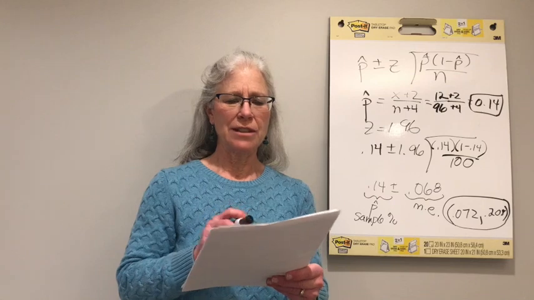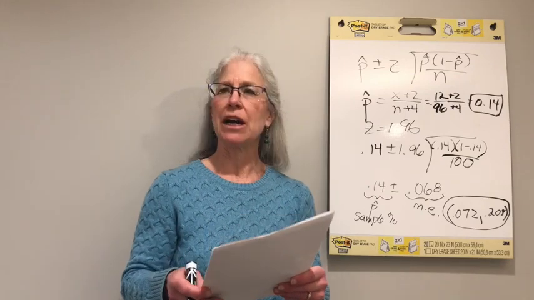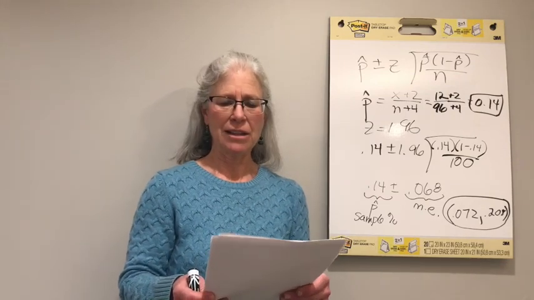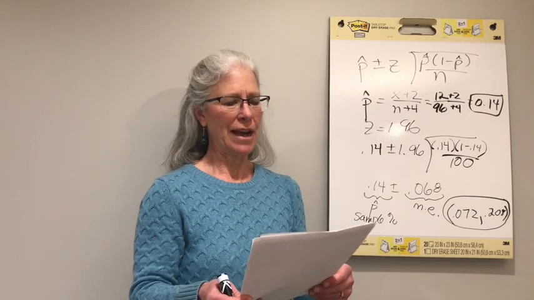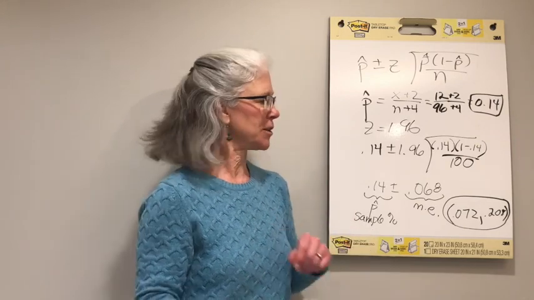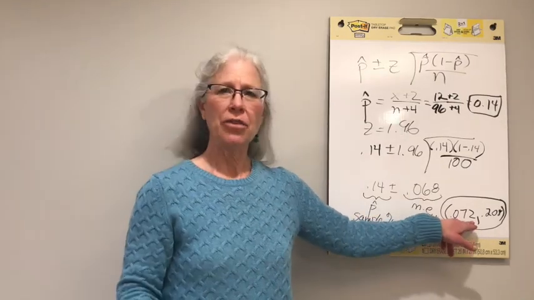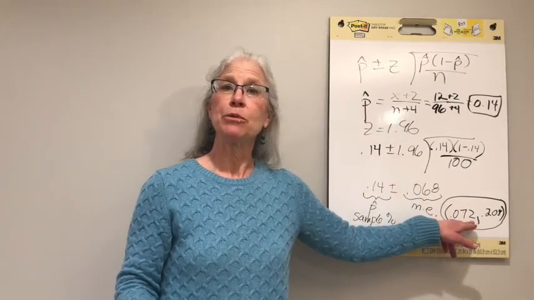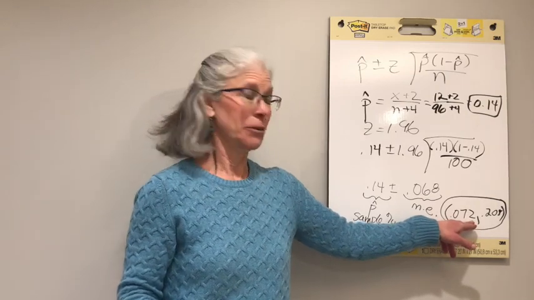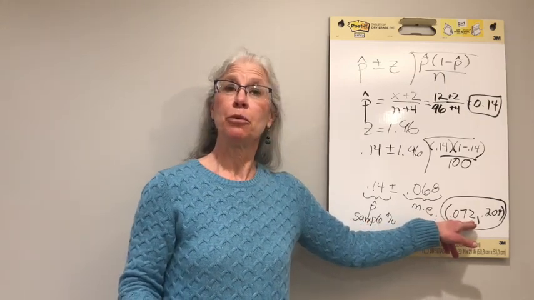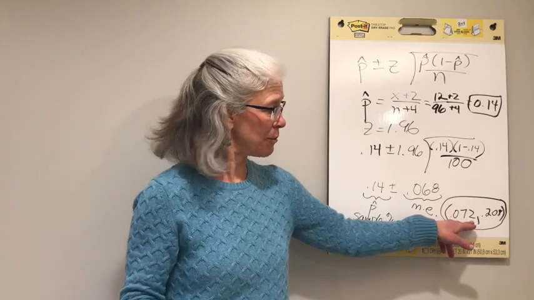Now, according to the census, 19% of people in the county are Hispanic. Does this confidence interval suggest that the jury is representative of the county, at least in terms of the percent of Hispanics? So what do you think? Is it reasonable to claim that 19% of jurors are Hispanic? Well, our confidence interval goes from 7.2 to 20.8%.